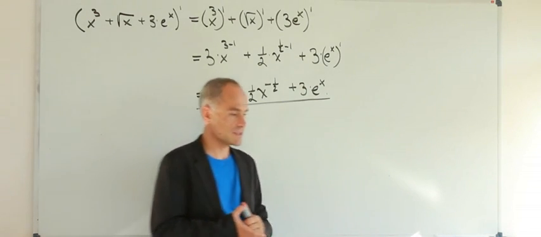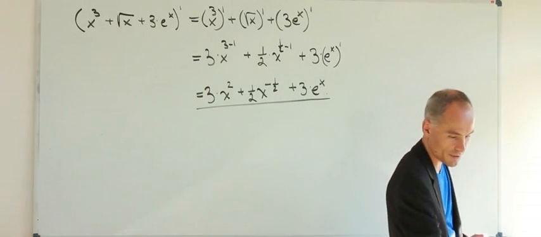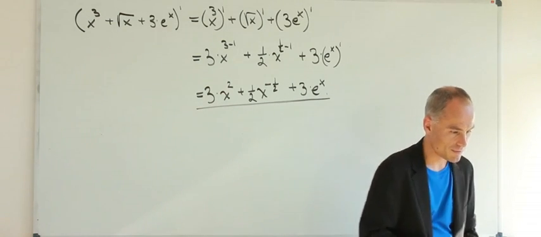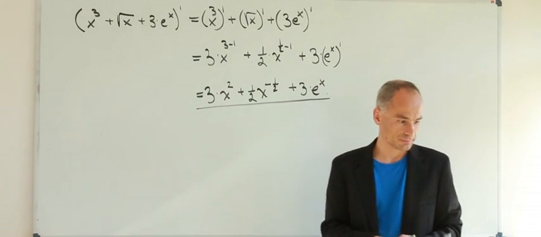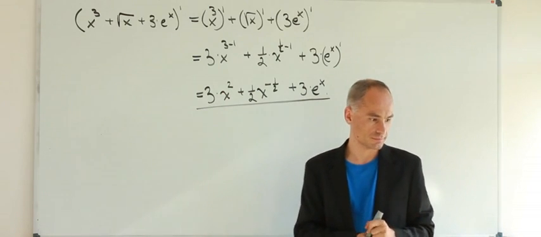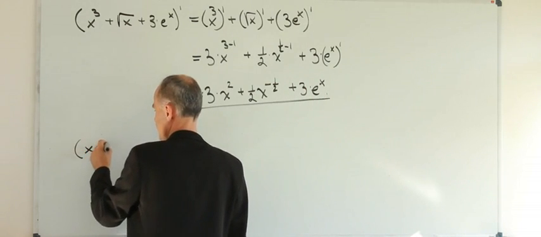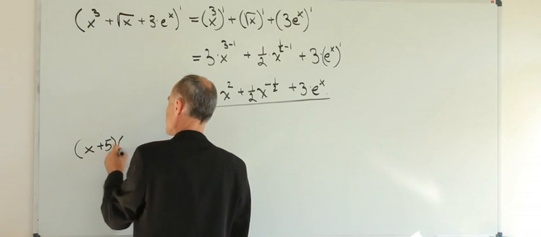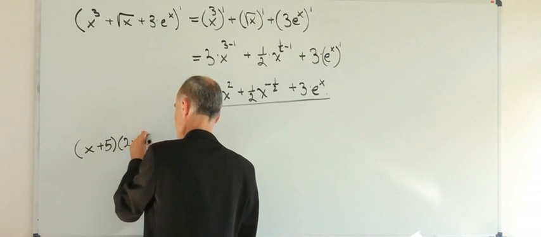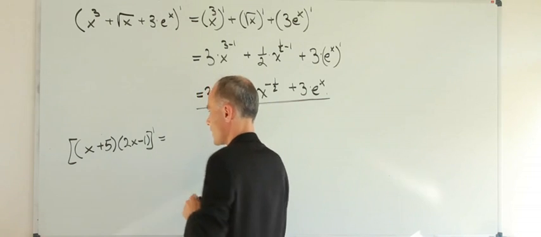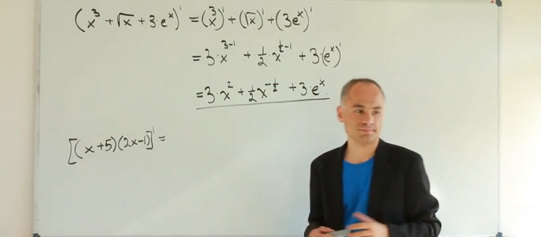No questions? Well, let's look at the homework. Maybe I can get you started on the problem. Well, let's differentiate, say, x plus 5 times 2x minus 1. How would you do this?